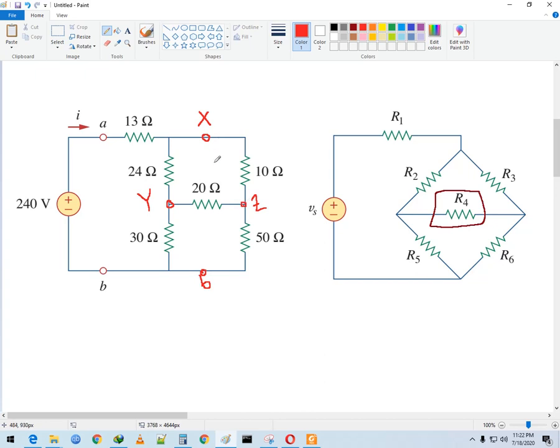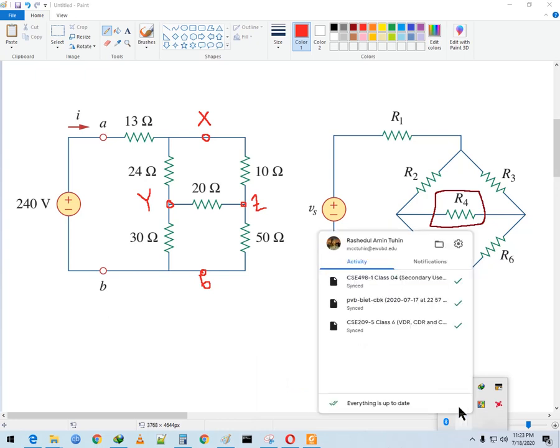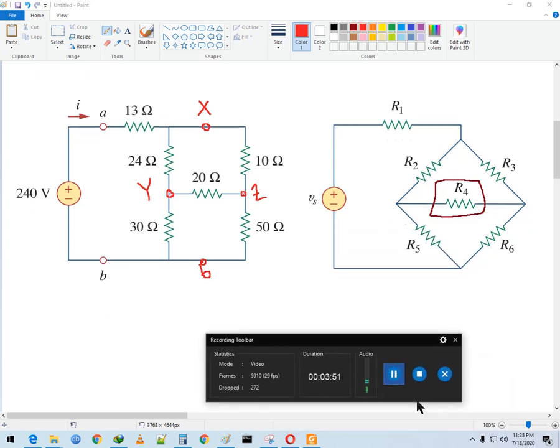So you do not have two common nodes between the 24 ohm and this 10 ohm resistor, because this 24 ohm resistor has node X and node Y, and this 10 ohm resistor is in between node X and node Z. So we can no longer say that this 24 and this 10 ohm resistors are in parallel. We cannot call them parallel.